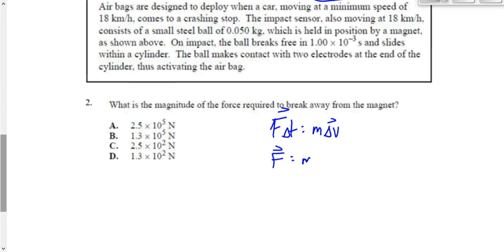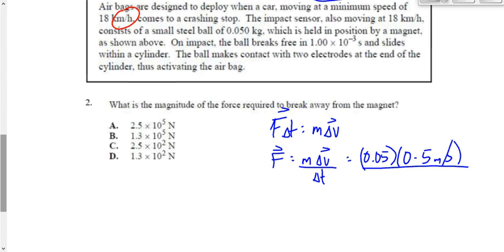Force ends up being M delta V over delta T. So we've got a mass here of 0.05, a change in velocity, 18 kilometers per hour is 5 meters per second, divided by the time interval of 1 times 10 to the negative 3 seconds. And I think when we do that, I think it was C, wasn't it? 2.5 times 10 to the 2 newtons. Is that okay?